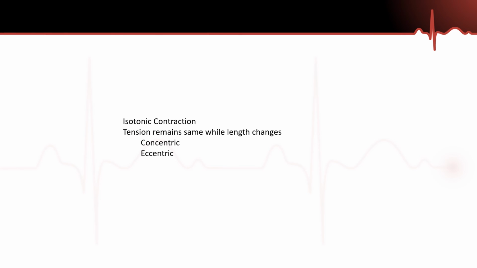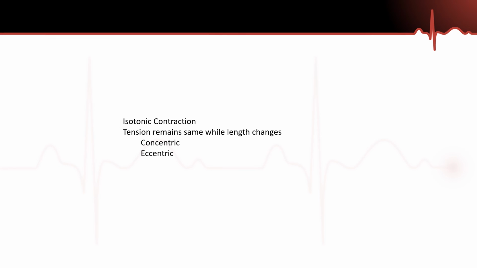One more definitional thing. Concentric and eccentric contractions fall under the category of isotonic. Concentric and eccentric contractions are both what are called isotonic contractions. And what an isotonic contraction means is that tension or force remains the same while the length of the muscle changes. So in our example, the biceps muscle is producing a fairly consistent amount of force. And while it's producing that consistent amount of force or tension, which means the same thing, it's changing its length.